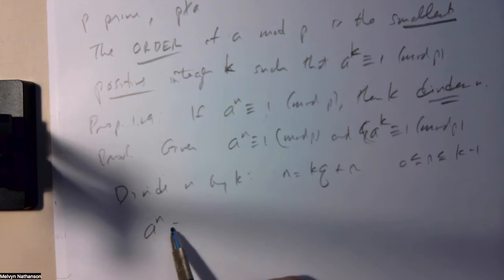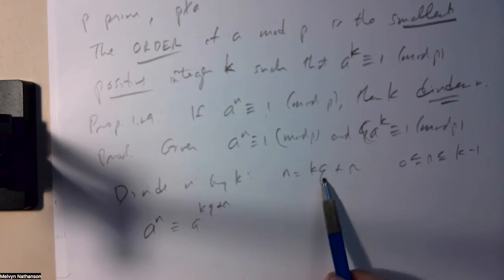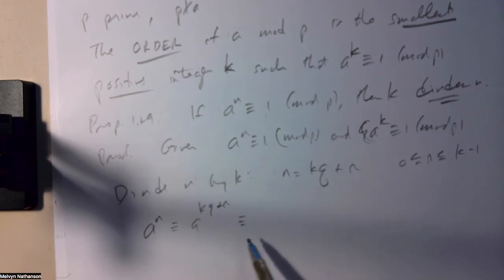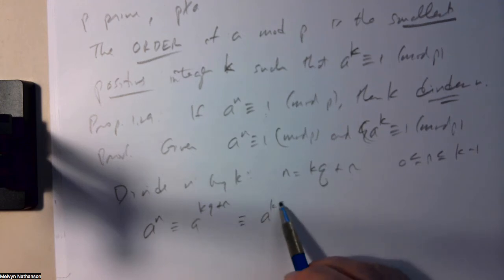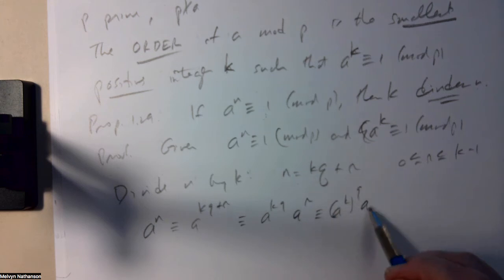So a to the n, which is a to the kq plus r, is a to the k to the power q times a to the r, just by rules for exponents.